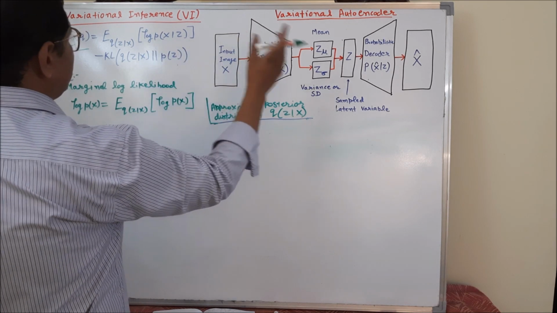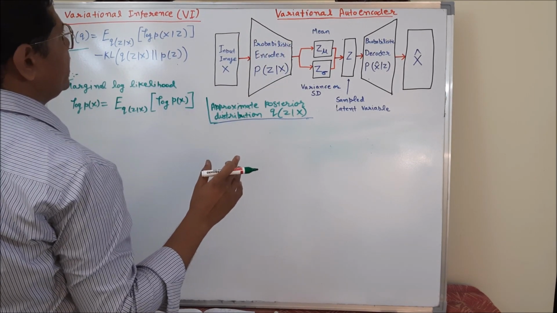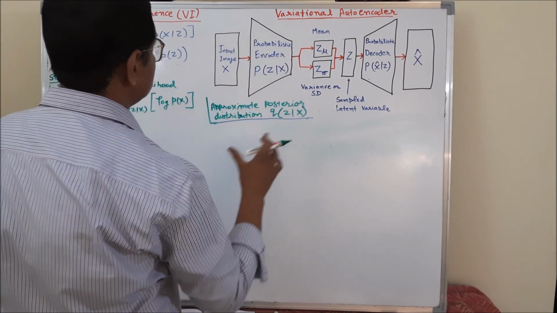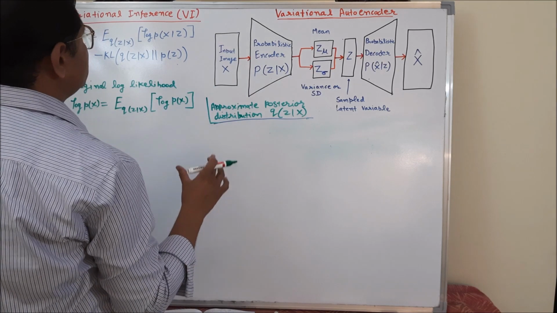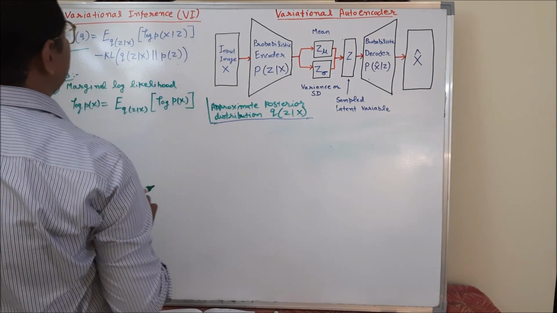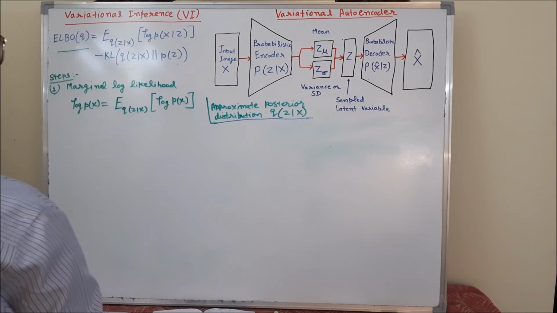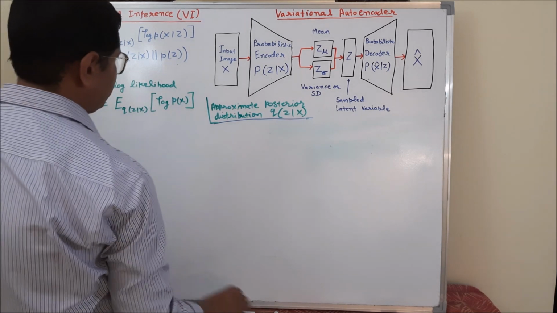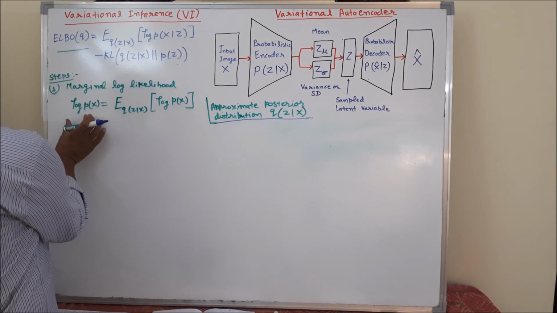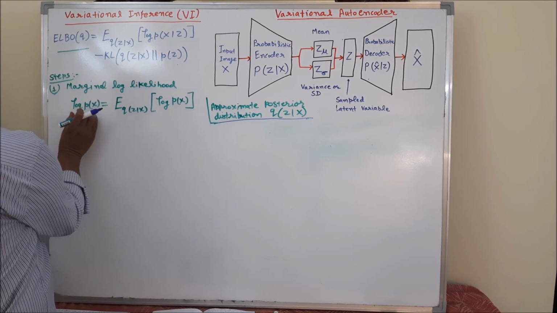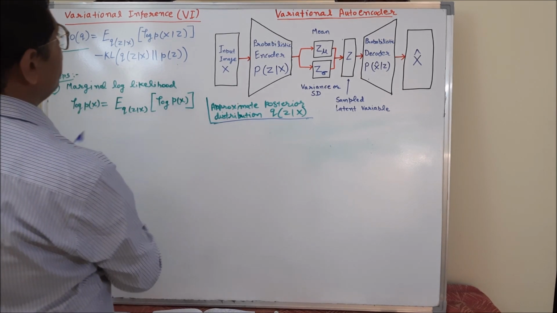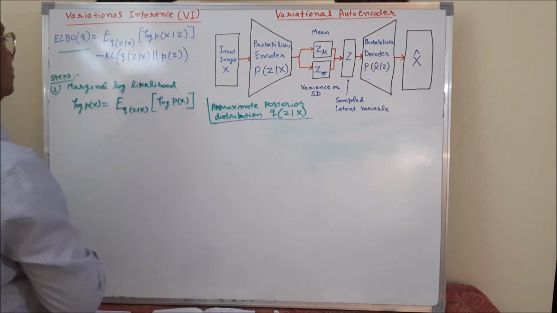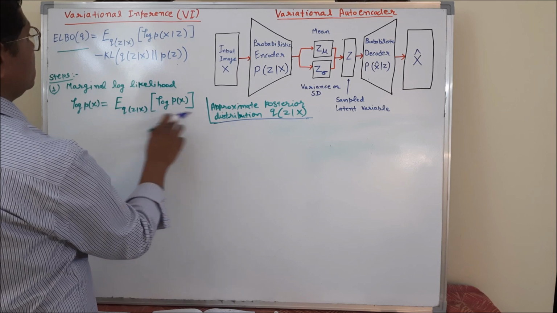To get variational inference in actual training, we need to compute the actual cost function, which plays a very important role. For that, we follow some steps. The first step is to concentrate on the log of the marginal likelihood, taking the expectation under the approximate posterior.